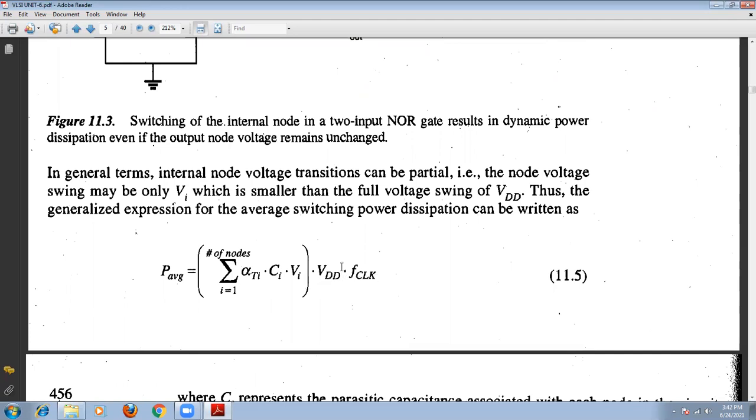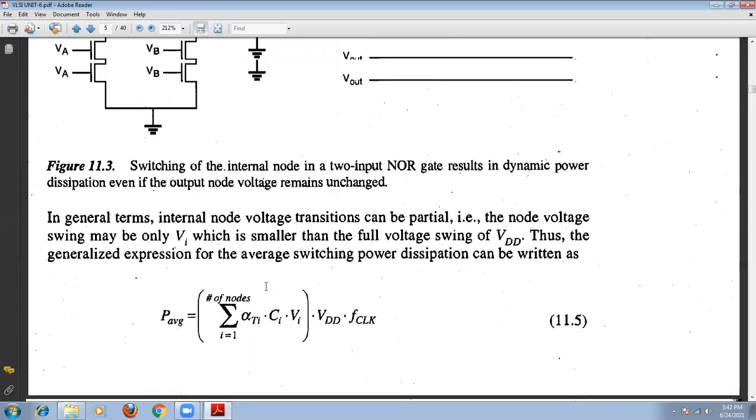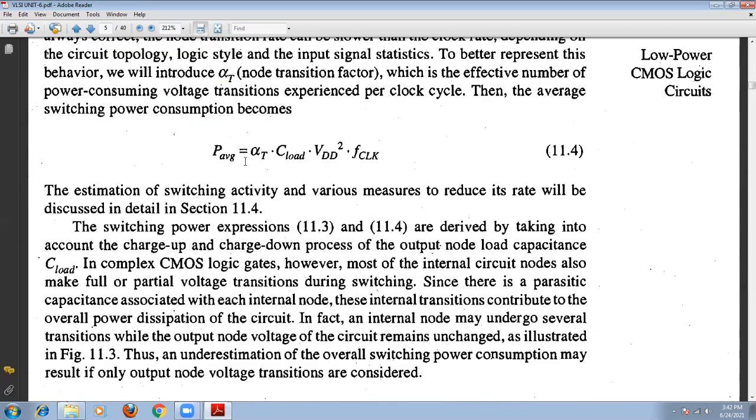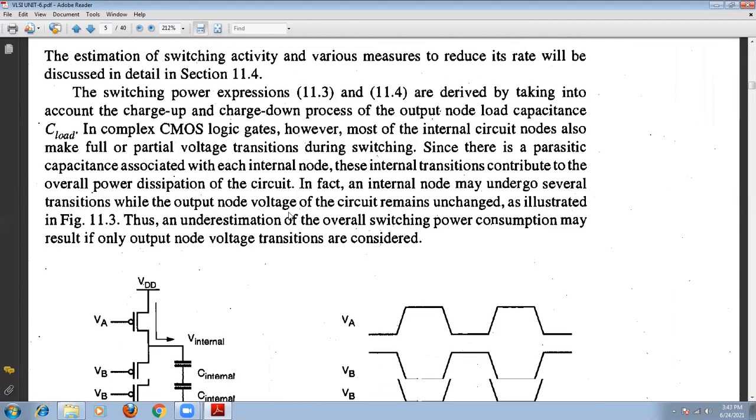Just observe here, this comes from the earlier equation with alpha, C load, and the voltage VDD square.